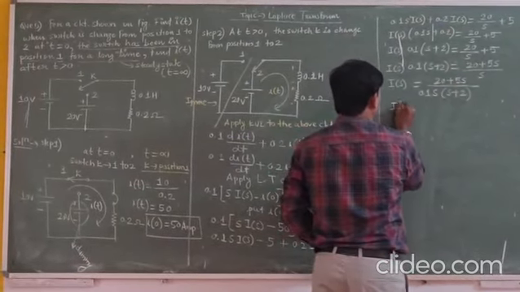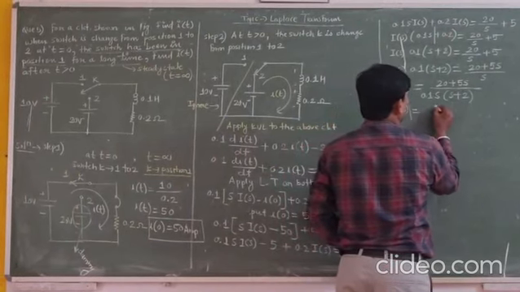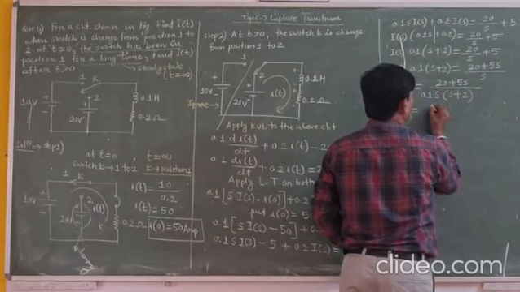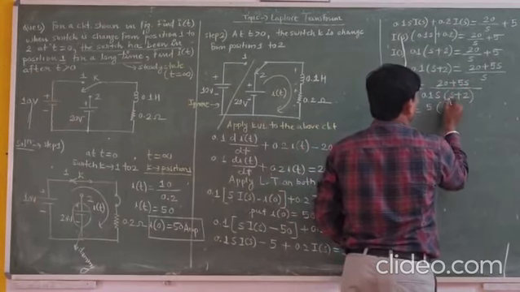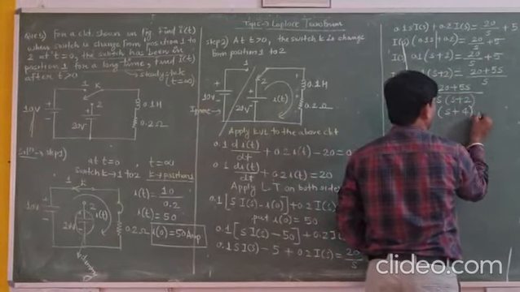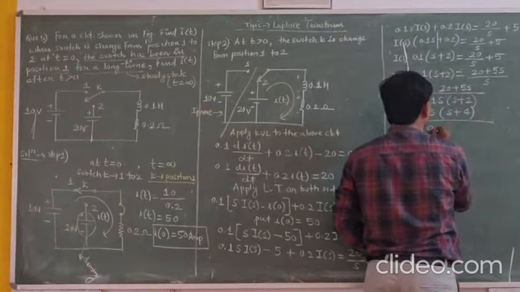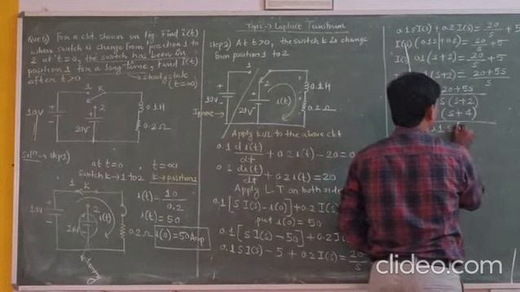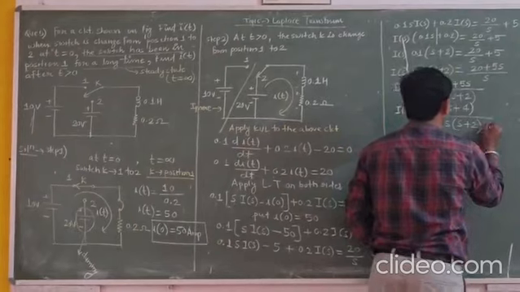Therefore, I of s equals to, taking 5 common over here, 5 times s plus 4 divided by 0.1 s into s plus 2.